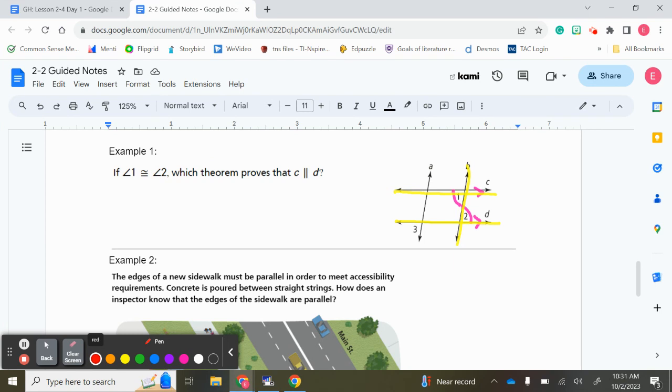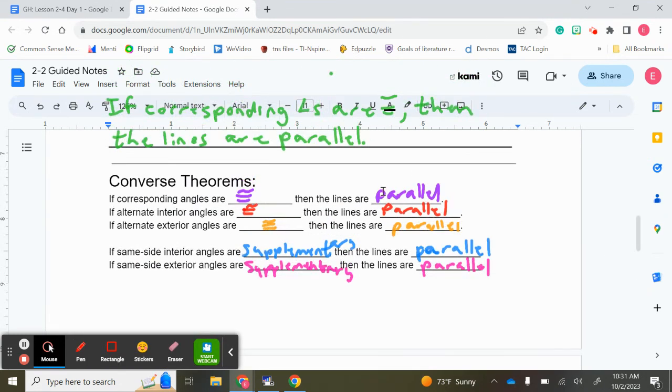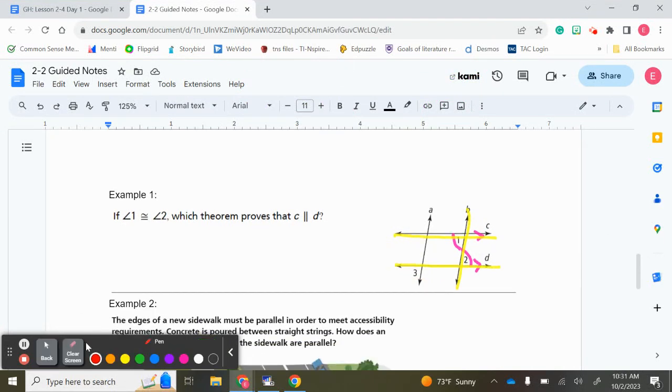Who's got it? Anybody? Do we know? Is it the converse or is it not the converse? All right, if we come back up here, what does it say? Converse theorems are proving what every time? Lines are what? Parallel. So if we're trying to prove these parallel, what are we using?